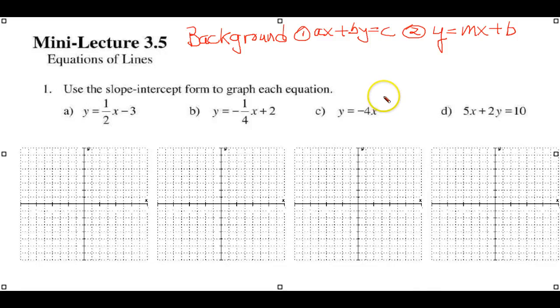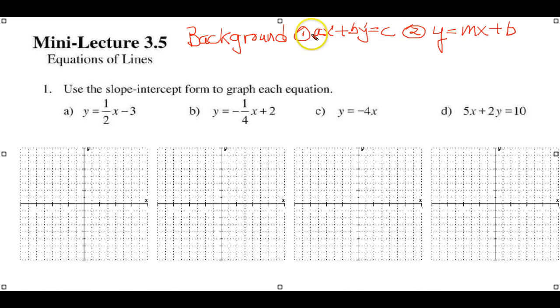As we start topic 5 of chapter 3, we'd like to do a little background in which you should be familiar now with equation 1, which is standard form of the linear equation in two variables, where our x and y are just to the first power.